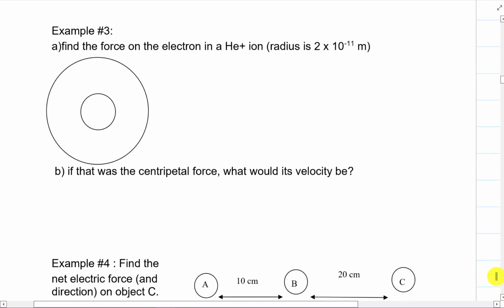So I would like you to try this one now. Find the force on an electron that's in a helium ion. Now, what's this helium ion? Okay, let's go back to Chemistry 9. Helium, first of all, has two protons and two neutrons.